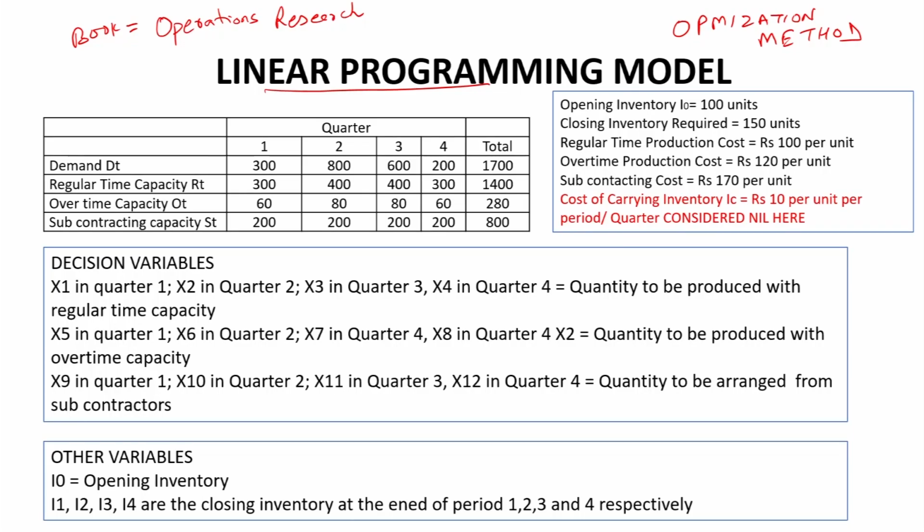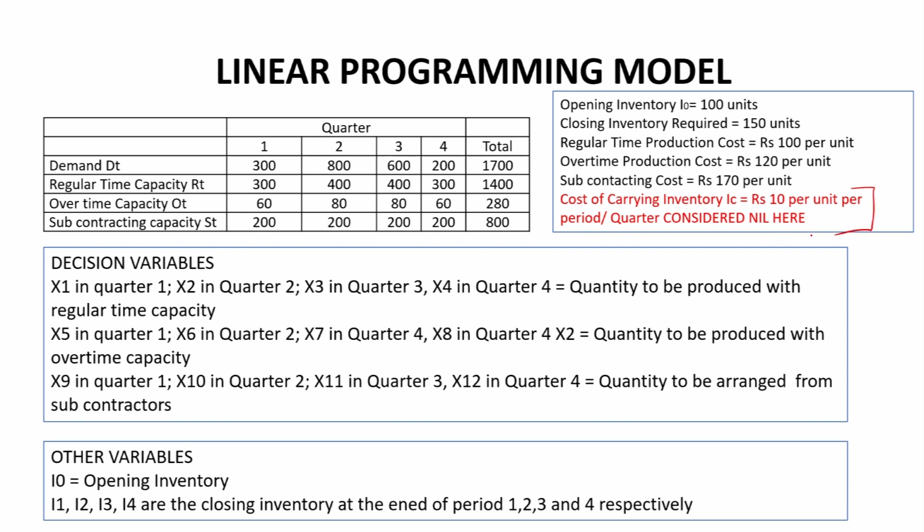So, I have taken another illustration for this purpose, the same which we used for the transportation model, but only one change I have kept here to keep things simple. We are considering the cost of carrying inventory as 0. So, you can produce in quarter 1 and use it in quarter 2, 3 or 4, there is no cost of carrying inventory. Just to keep the formulation simple, otherwise many more constraints would have been added.